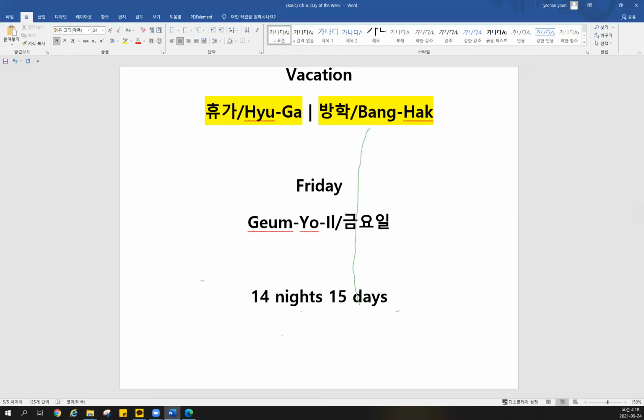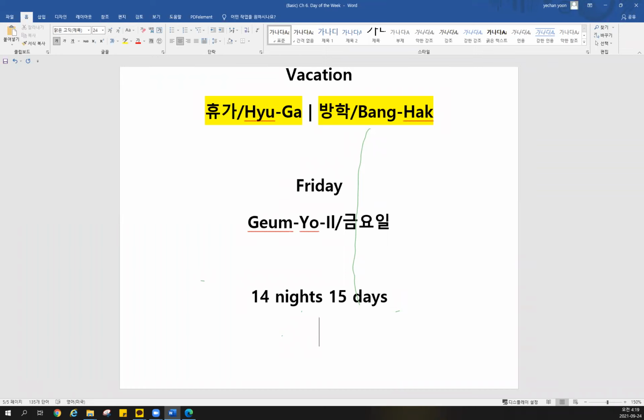Using the Sino version. 14방, almost close, but how can you say 15? Almost close, Elena. 14함, not a ham, guys, not a ham. But the Sino version was correct. So can somebody combine it? 14박 15일.